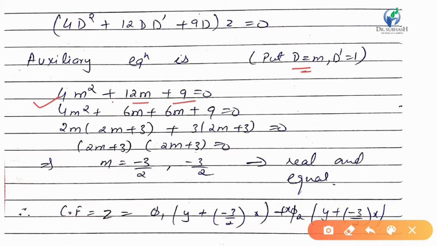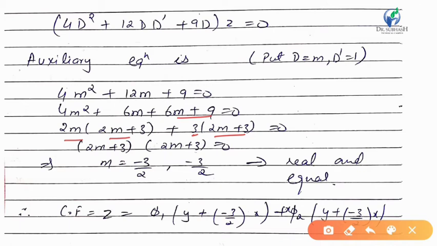Now we will split this 12. It can be written as 6m plus 6m. Now from the first two terms I am taking 2m as common, so in the bracket we will have 2m plus 3. Similarly, from the last two terms I will take 3 as common, and 2m plus 3 will be left behind, equal to 0.